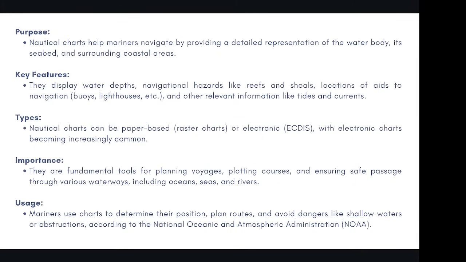So the importance is that they are the fundamental tools for planning voyages, plotting courses, and ensuring the safe passage through various waterways, including the oceans, seas, and rivers.